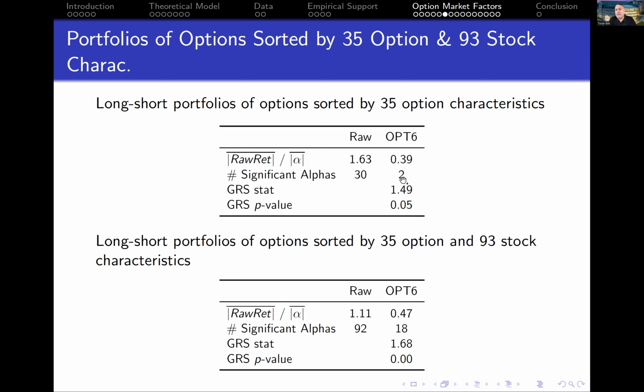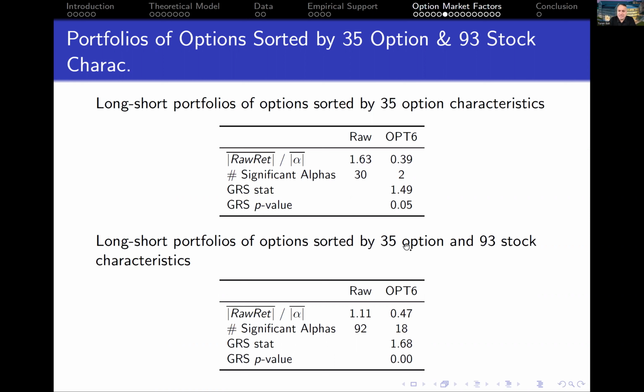And we cannot explain 2 out of 35 test assets if we look at the significance of alpha, because once we construct these 35 test assets, we run factor spanning regressions, right? These portfolio return spreads are on the left-hand side, and on the right-hand side, we have our 6-factor model, and we look at the alpha. So 2 out of 35 is not explained by our factor model.